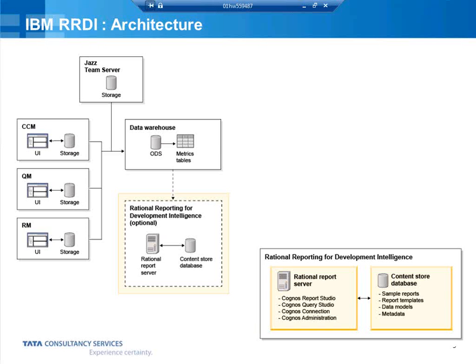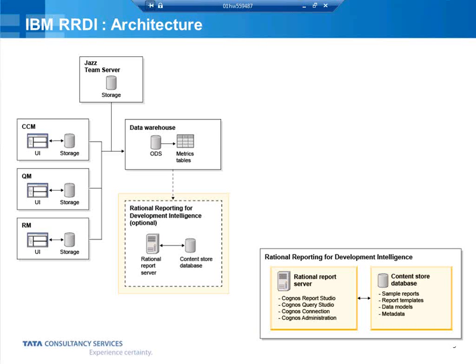The content store database will have sample reports and some report templates; most of the metadata information resides in this content store. So for RRDI to retrieve the data from the units of CLM, basically CCM, QM and RM, it would refer to your data warehouse DB.